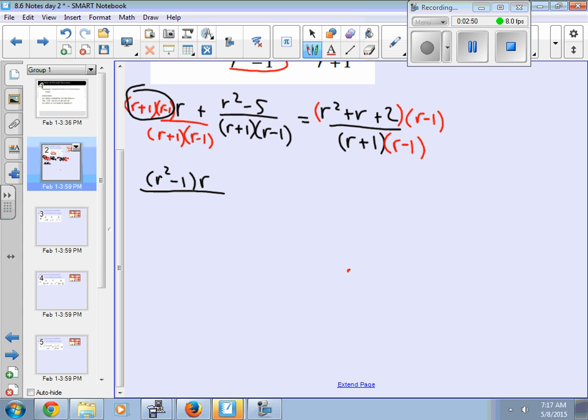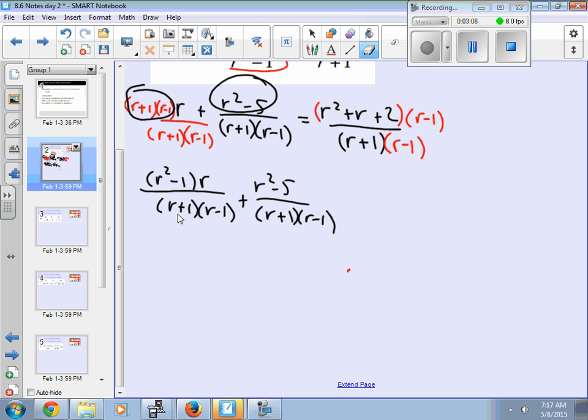That's all going to be over r plus 1 times r minus 1. It doesn't look like there's any simplifying we can do there right now. Now, because we're adding these two terms together and they have like terms, we should just be able to write this as one fraction. So another way we could write that is all this plus this over the common denominator.